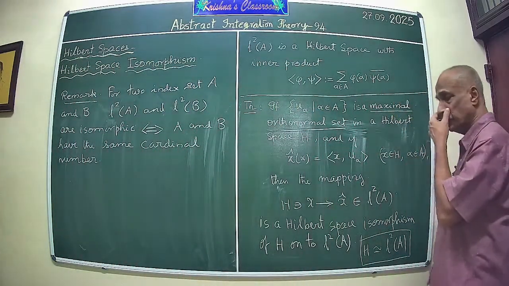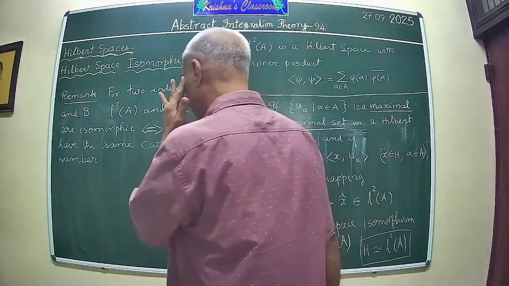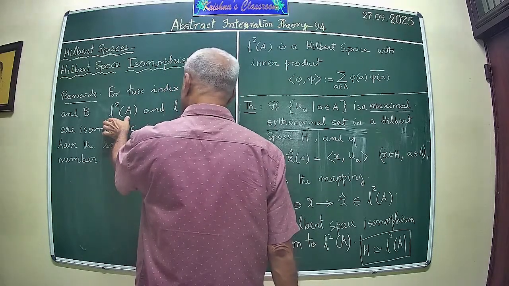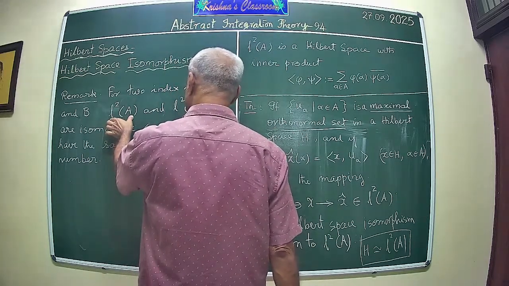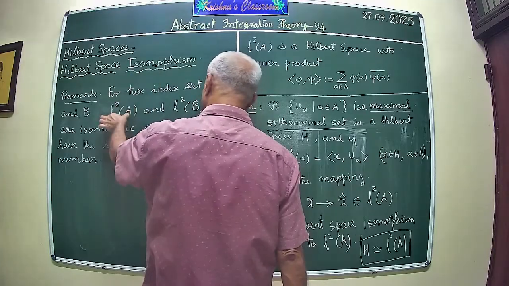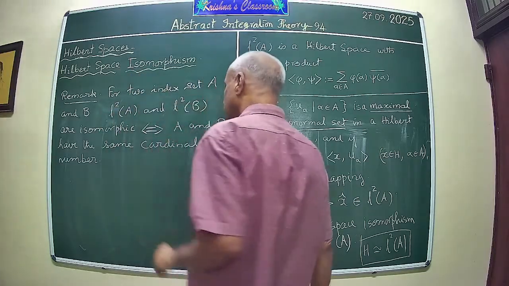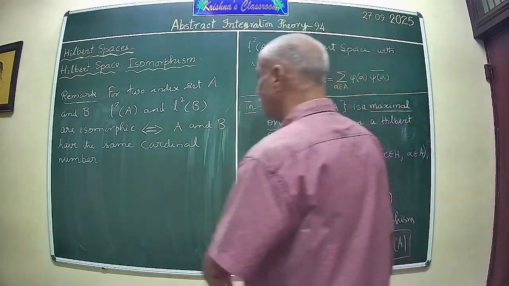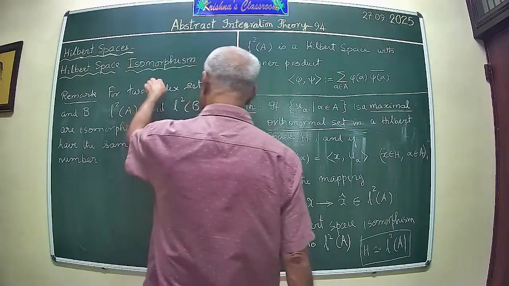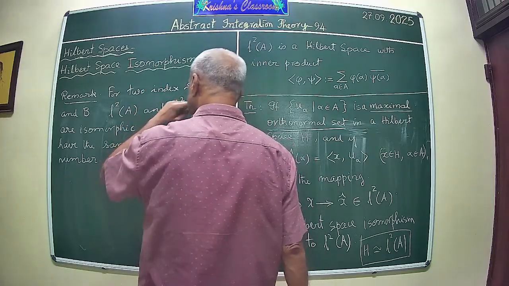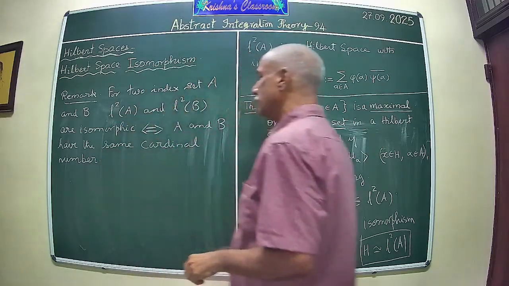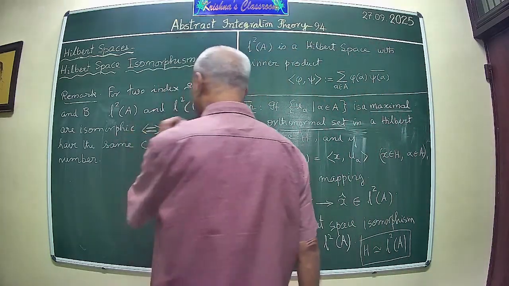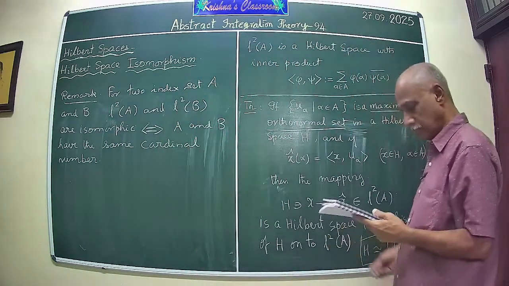That's easy to prove because you have an H which is isomorphic to L2A, and an H which is isomorphic to L2B. Then there is an isomorphism from H to L2A, H to L2B, and correspondingly you will see that between A and B there is an isomorphism. That means both these sets have the same cardinal number.